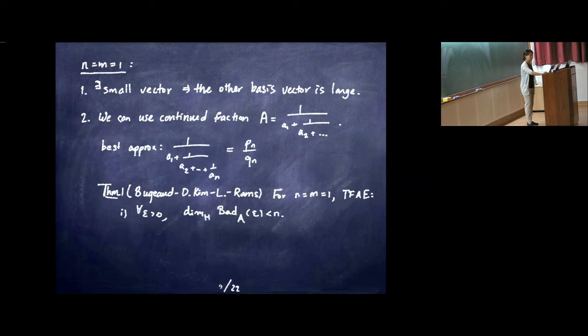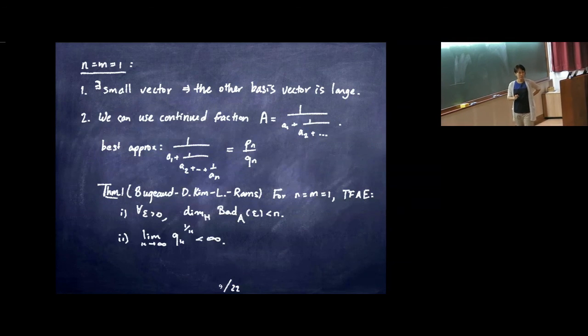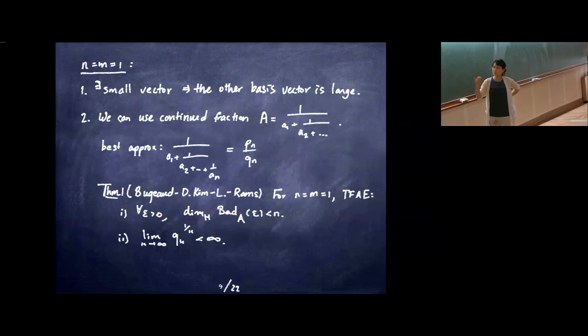The fact that for every epsilon, the Hausdorff dimension of the epsilon-best set for A is not full, is equivalent to the limit of q_k to the 1 over k being bounded. So q_k grows exponentially. And we already know that q_k is growing exponentially.